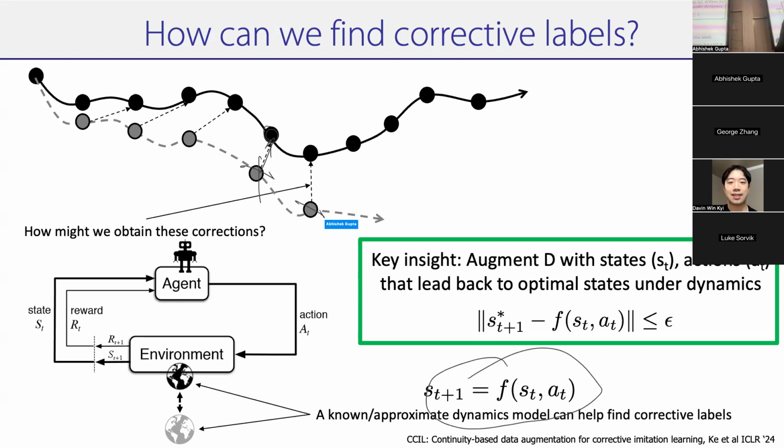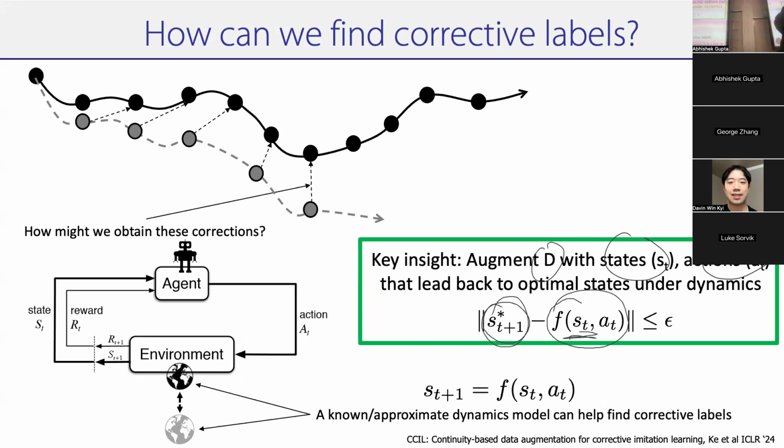If you knew that if you're here, you fed in this action, you would come back here, right? And so you can get the same effect of a human if you just knew the model of the world. And so you can augment your data set with states and actions that bring you back to the training data, by just trying to find a state and action which brings you back to something in the training data when you put it through the model of the world, right?